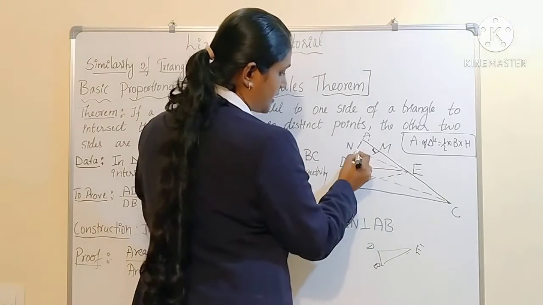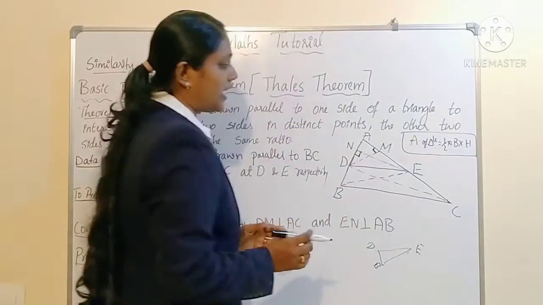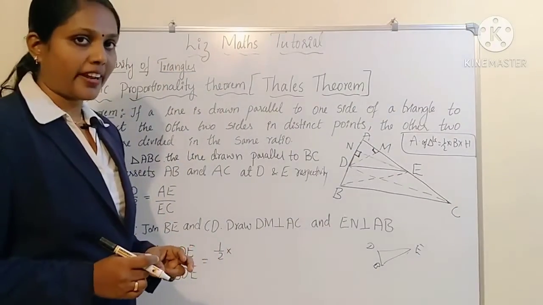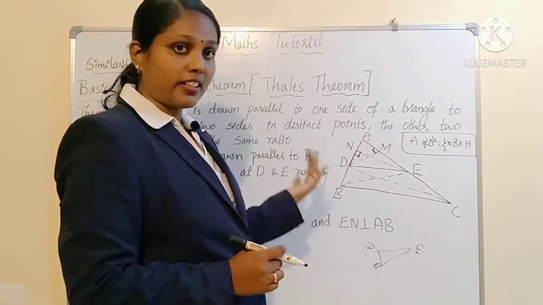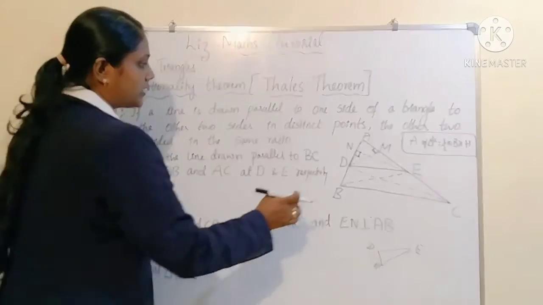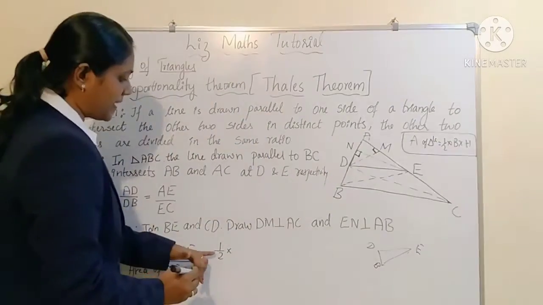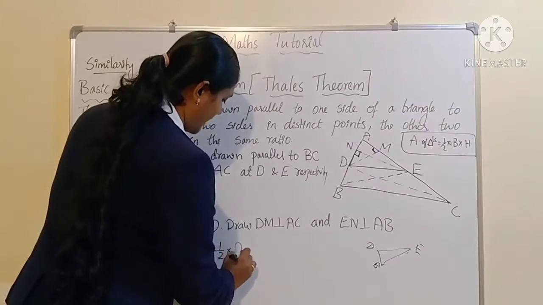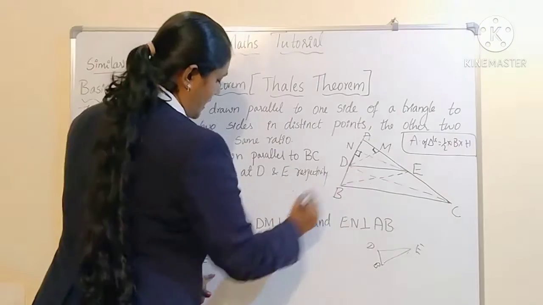EN is the height, the altitude of the triangle, that is the height of that triangle. Got it? So this you have to write as EN is the height. So how to write? The base is AD into the height EN.